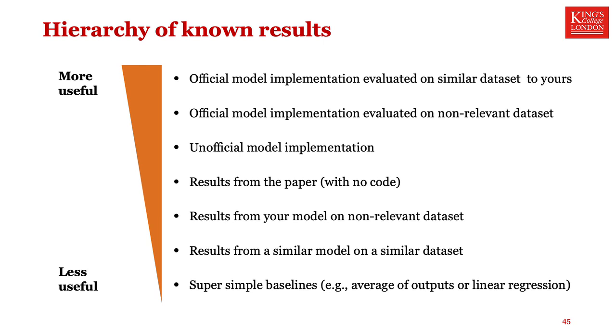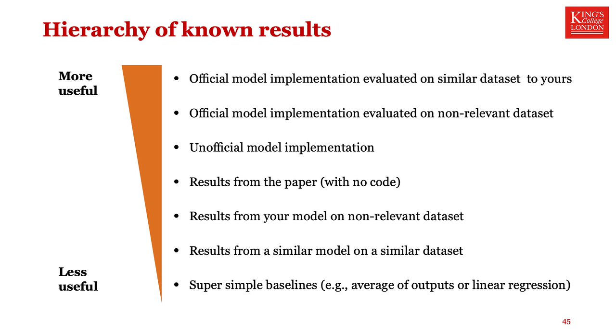So for example, if you want to train a network to detect diabetic retinopathy from fundus images, and there's someone who has tried to do a similar thing with a dataset similar to yours, and there's an official implementation of that model, then that's a very good place to start. It's a very useful resource because you know it's the same model and the same dataset, which means you should be able to achieve the same degree of performance.